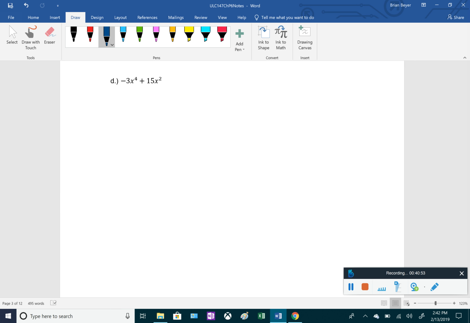And I think this is the last one here. We have negative 3x to the fourth plus 15x squared. So when we have two terms here, our leading term is negative. Always factor out the negative with the GCF if it's on the leading term. So we're going to factor out a negative 3x squared. That would be our GCF here. So what we're going to have left is going to be x squared minus 5.